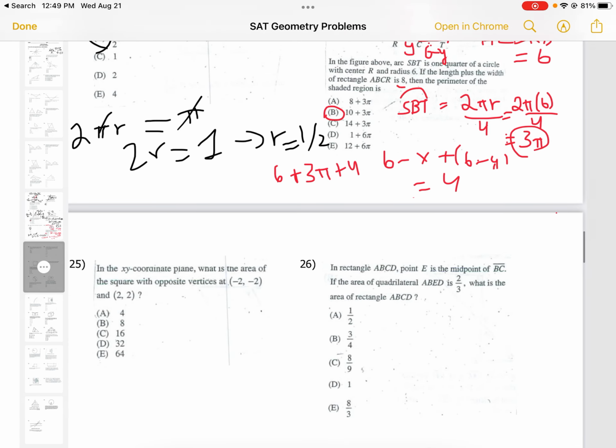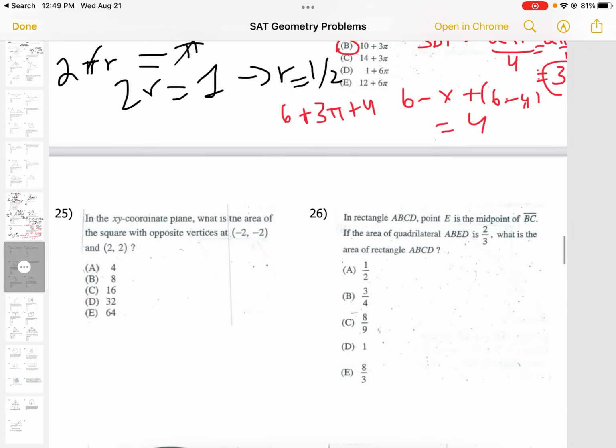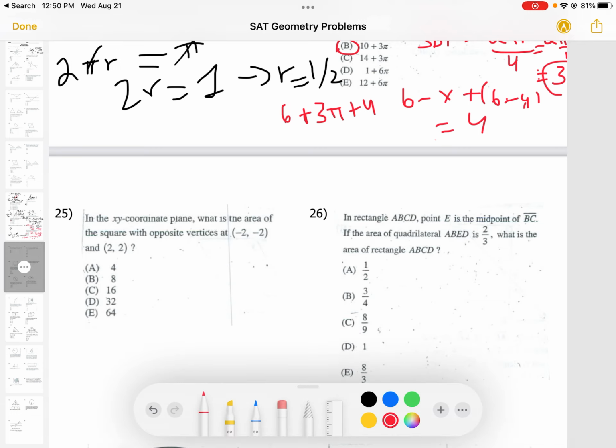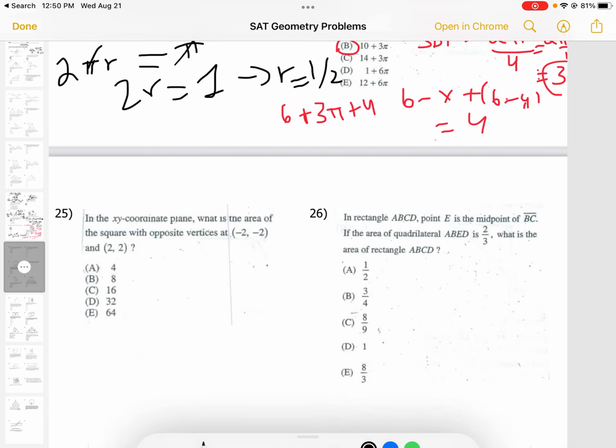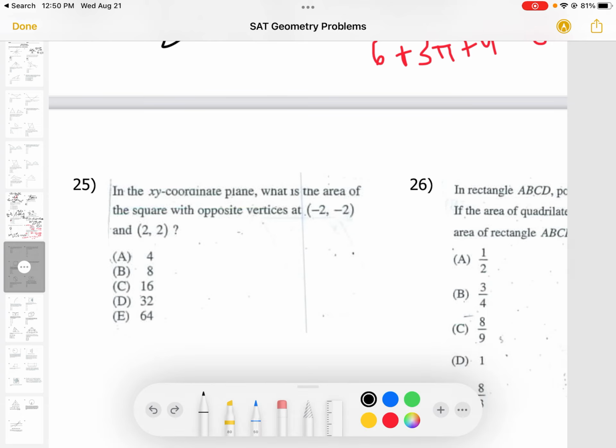Okay, whoa. In the xy coordinate plane, what is the area of the square with opposite vertices at -2, -2, and 2, 2? Well, I'm going to draw a tiny coordinate plane here. Hold on, let me move down like this.